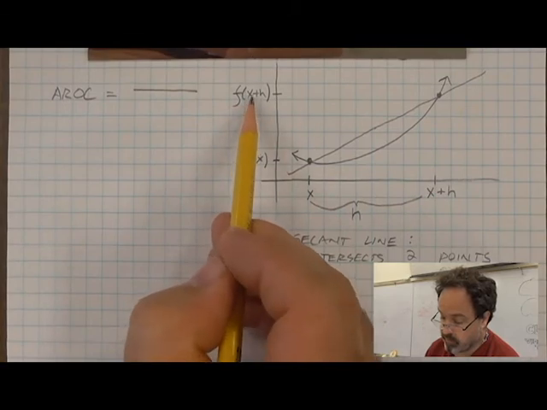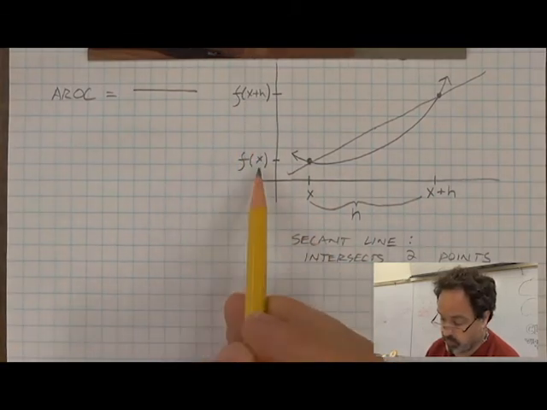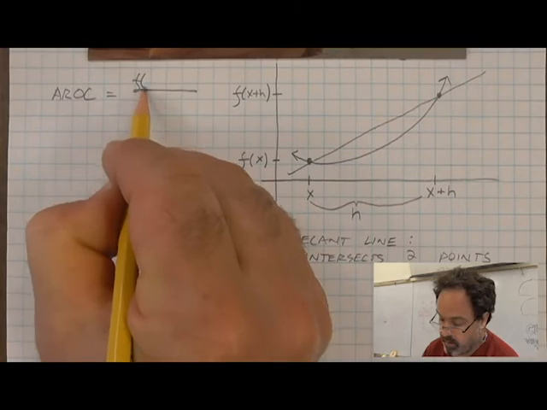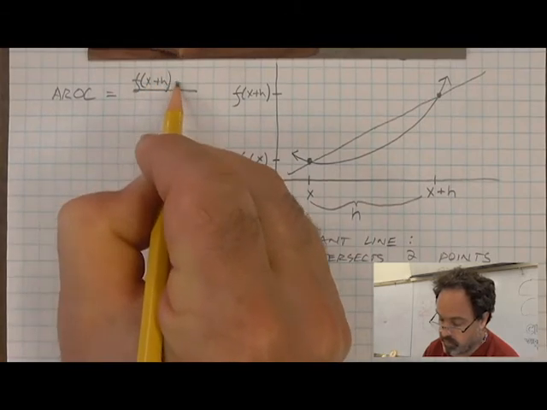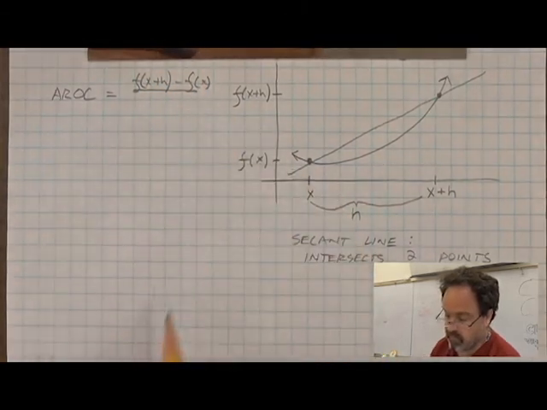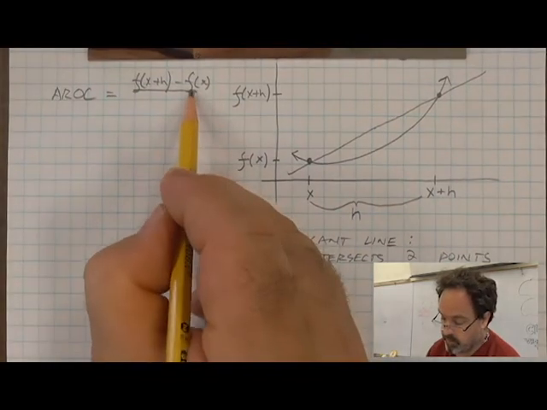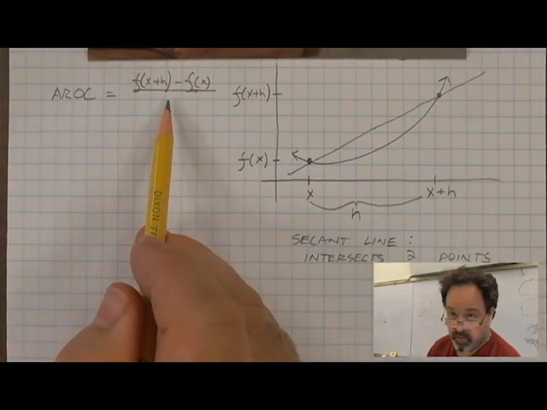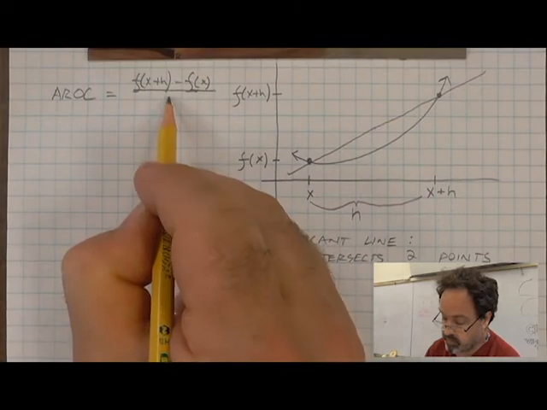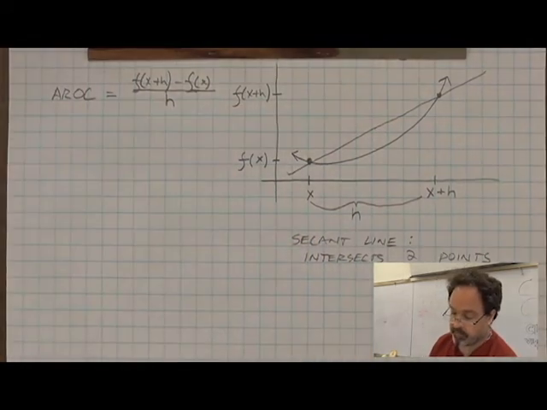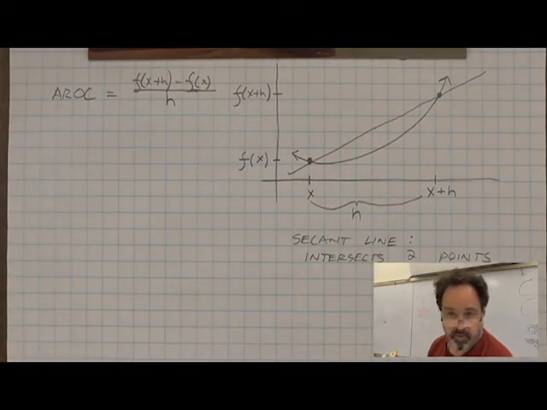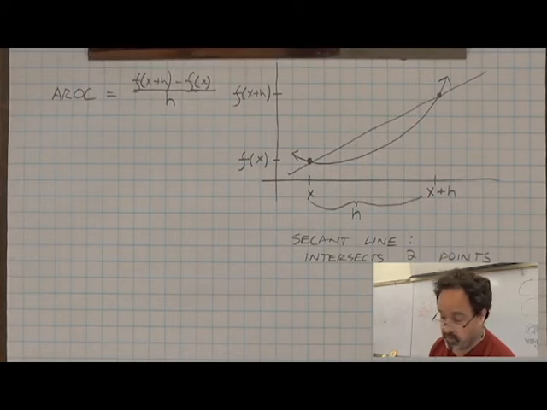It's the latter vertical value minus the former vertical value, or f of x plus h minus f of x. And then we'll divide by the horizontal change, which we've labeled as h, making that the simplest possible way to express that slope.